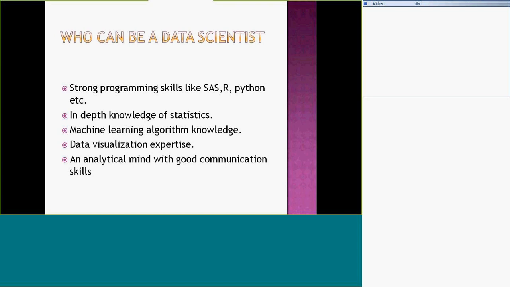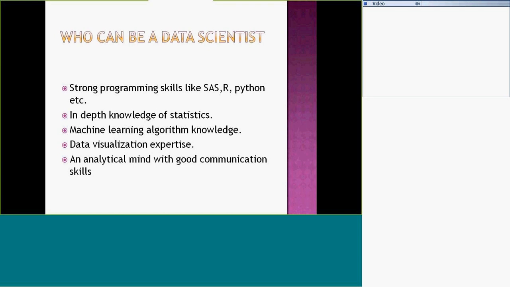Visualization expertise is also important, and in our course we have included Tableau as a data visualization tool, which is nowadays used in many organizations in the industry. The last skill, which is the most important as far as I am concerned, is an analytical mind with good communication skills. Guys, you should have an analytical mind rather than a basic programming mind or a statistician mind.